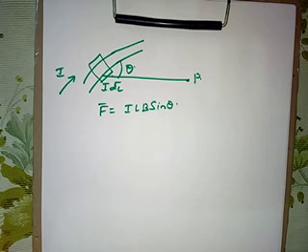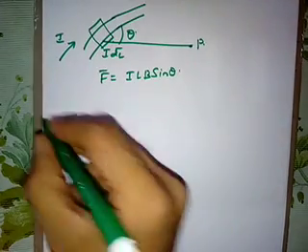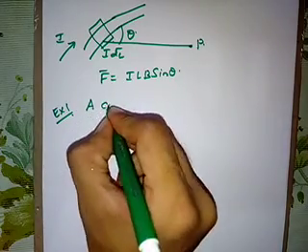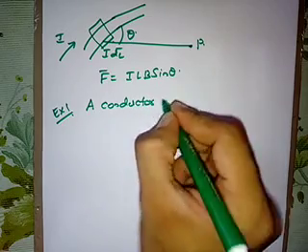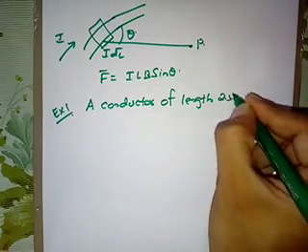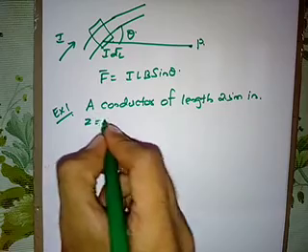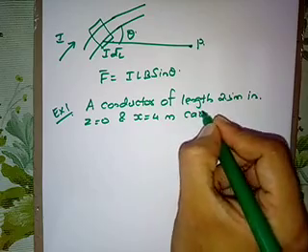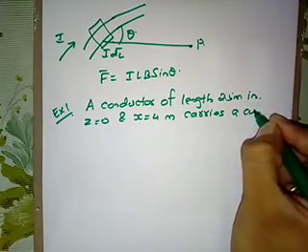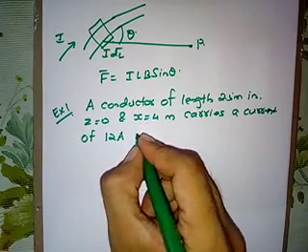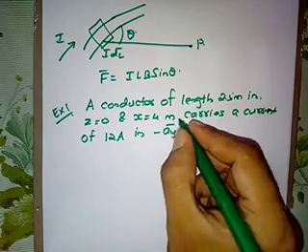Next, students, we will solve a few examples on force on a differential current element. Let us consider the first example. Example 1: A conductor of length 2.5 meter in z equal to 0 and x equal to 4 meter carries a current of 12 ampere in minus a_y bar direction.